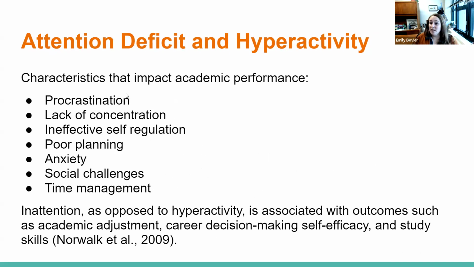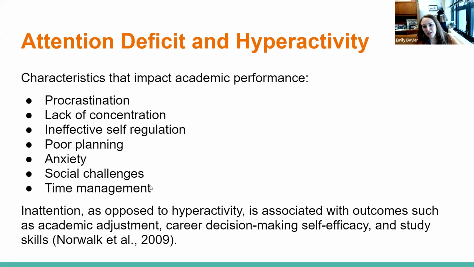So typically, and again, these are reported by students themselves, procrastination, lack of concentration, ineffective self-regulation, poor planning, anxiety, social challenges, and time management. So these are all things that even independent of someone identifying as neurodiverse, our students may struggle with, right?